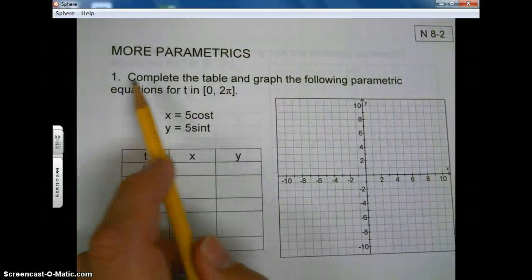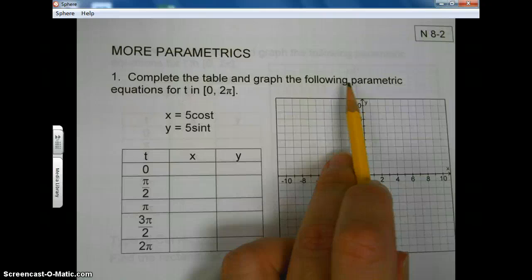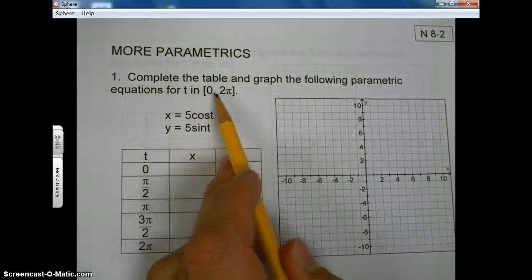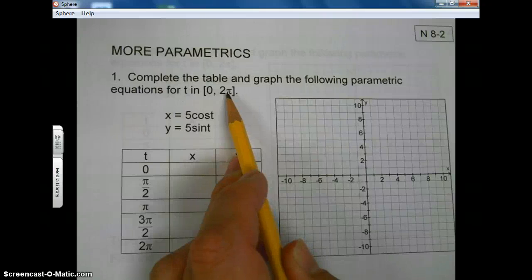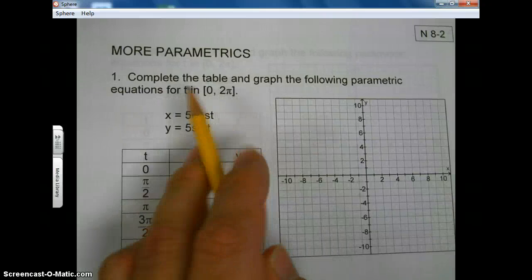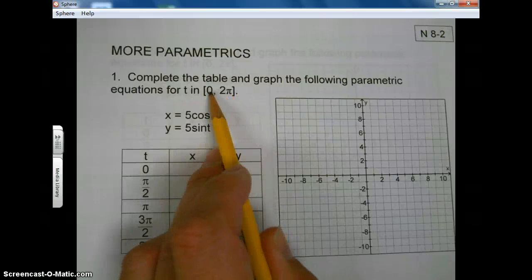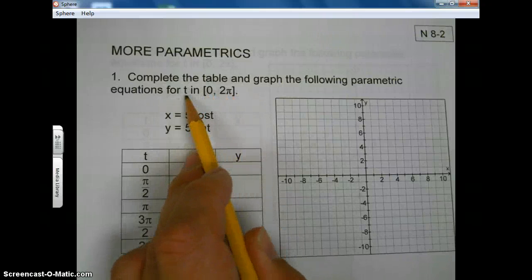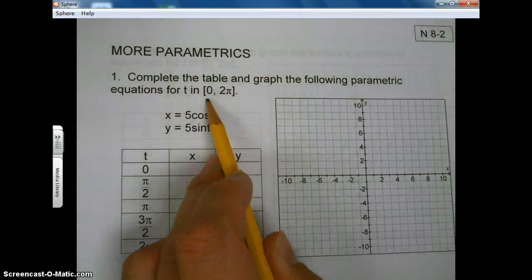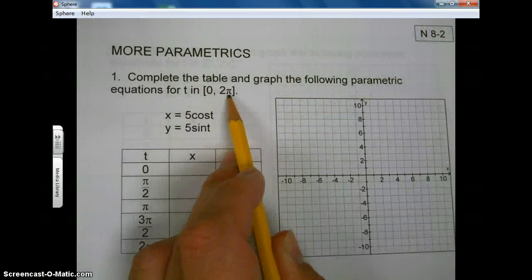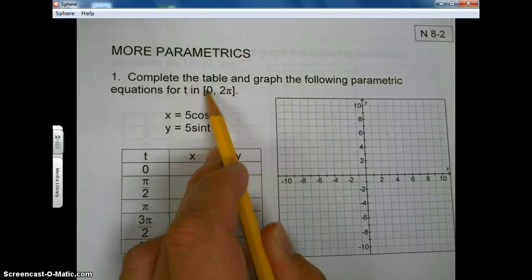It says, complete the table and graph the following parametric equations for t in 0 to 2 pi. Now, you should notice here that in this case, t is not so much time, but an angle. What gives this away? 0 to 2 pi. And not just an angle, but an angle in radians.